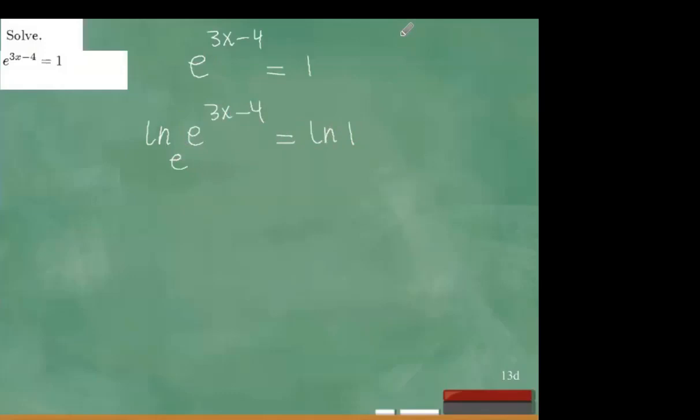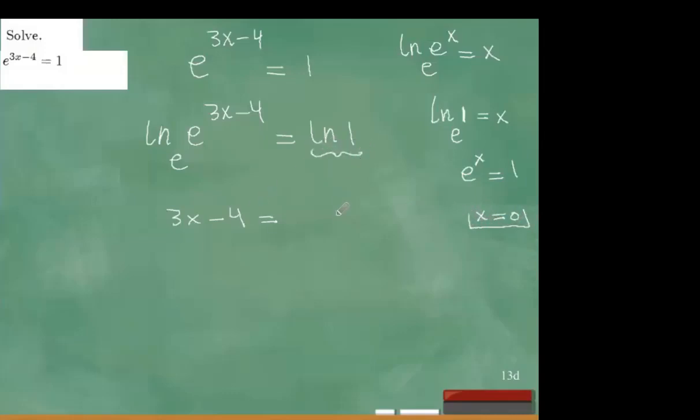You recall natural log of e to the power of x would be equal to just x. The left-hand side would be 3x minus 4. What's natural log of 1? Natural log of 1 would be e to the power of x equals 1. So x must be equal to 0. Anything to the power of 0 is equal to 1. So natural log of 1 is equal to 0.